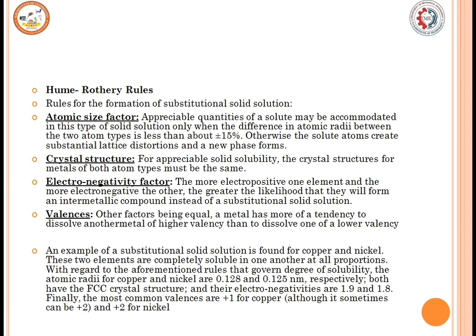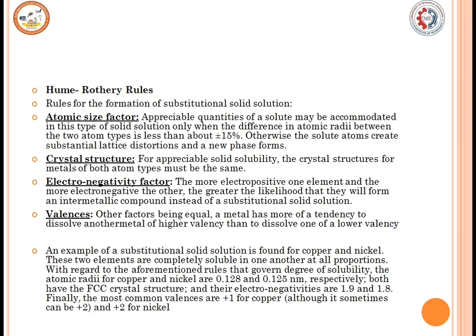If you apply the Hume-Rothery rules, there are 4 rules for the formation of a substitutional solid solution: atomic size factor, crystal structure, electronegativity factor, and valence. For the atomic size factor, appreciable quantities of a solute may be accommodated in this type of solution.